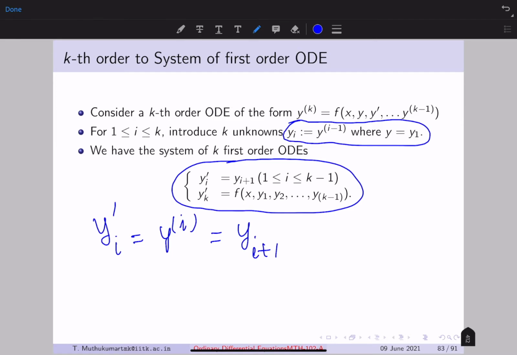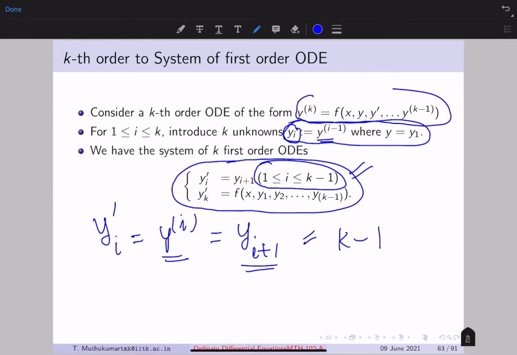Since yi is the i minus 1 derivative, the ith derivative of y is yi plus 1. This is valid for i from 1 to k minus 1. So you have k minus 1 equations already, and this one gives you the kth equation.